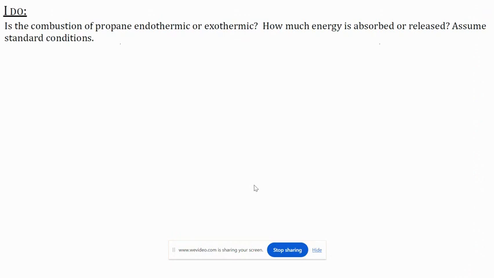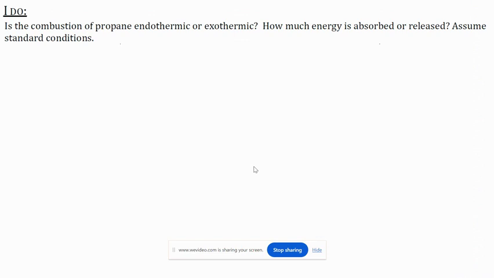All right. So we have the combustion of propane, and we want to know if that is exothermic or endothermic. You can probably already figure that out because it's propane. You know, propane gives off heat when you burn it. But first of all, you need to know what the formula for propane is.